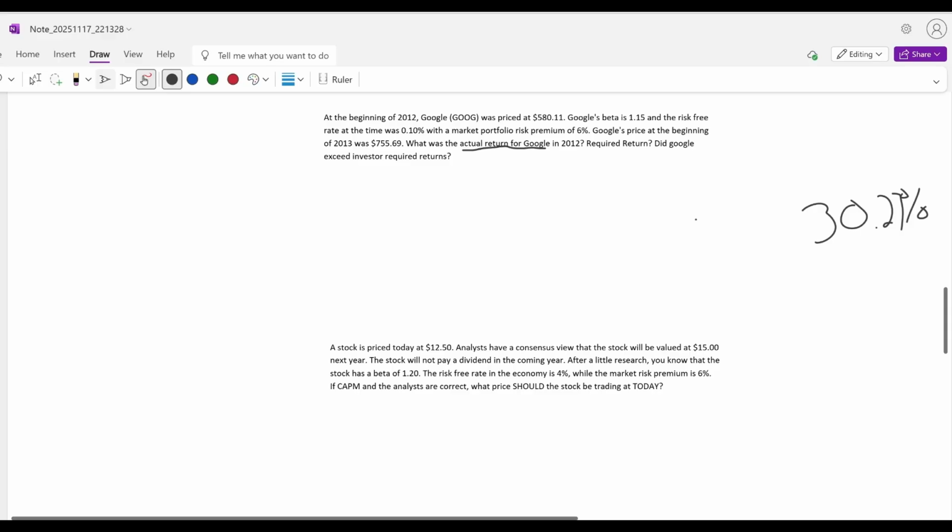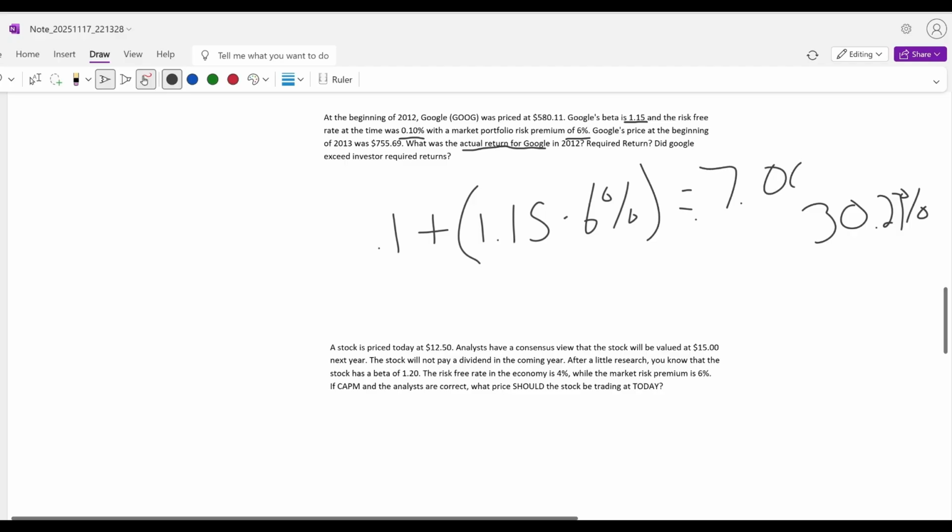The required return equals your risk-free rate, which was 0.1, plus Google's beta of 1.15 times the market portfolio risk premium of 6%, which is equal to 7%.